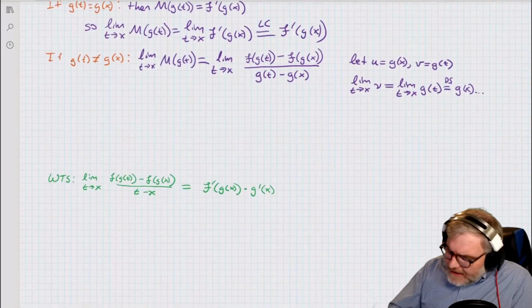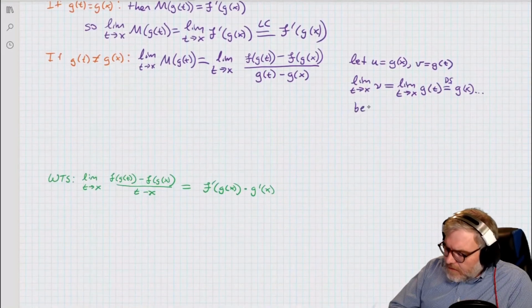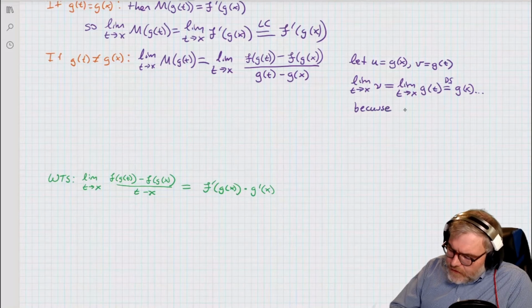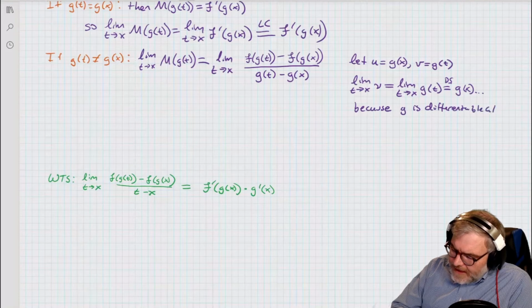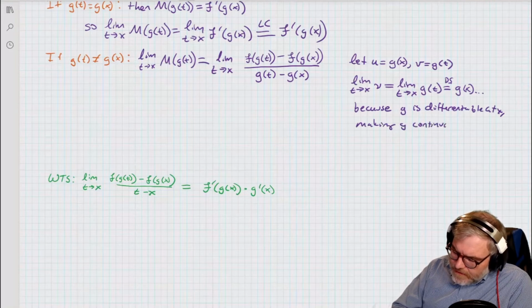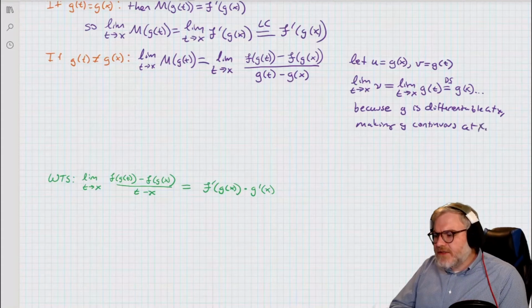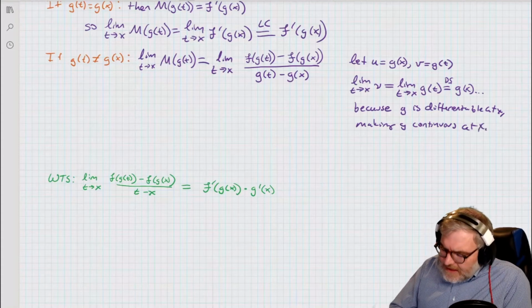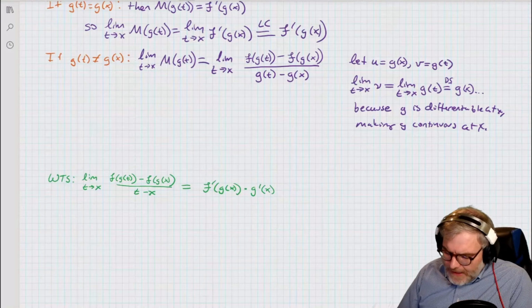Well, it equals g of x because g is differentiable at x, making g continuous at x. Well, if g is continuous at x, that's the definition of continuity. Right? I can directly sub in.